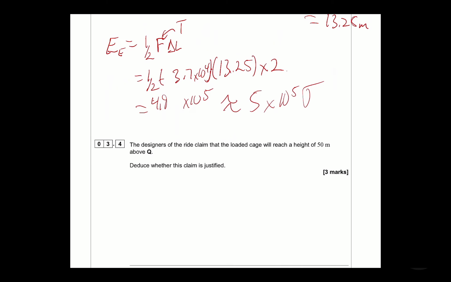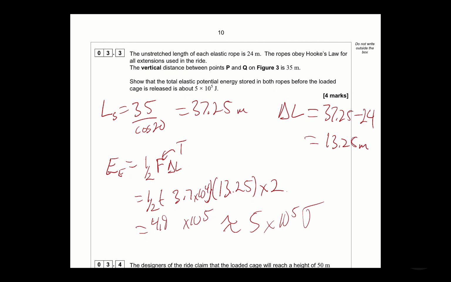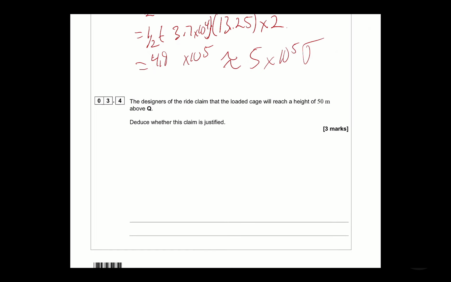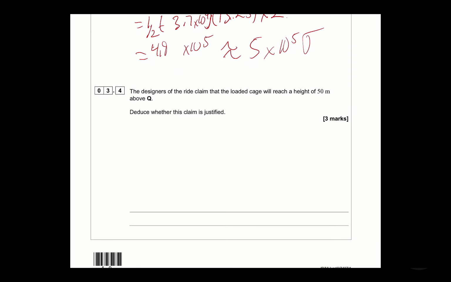So the designers of this ride claim that the loaded cage will reach a height of 50 meters above Q. Deduce whether this claim is valid. So we have an energy of 4.9 times 10 to the 5 joules.